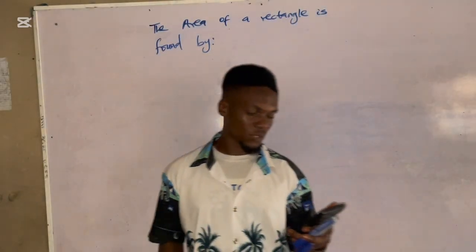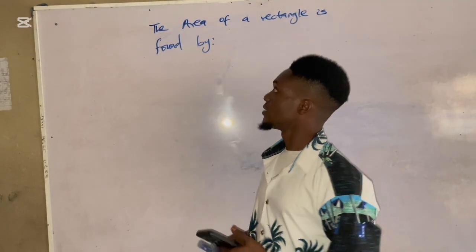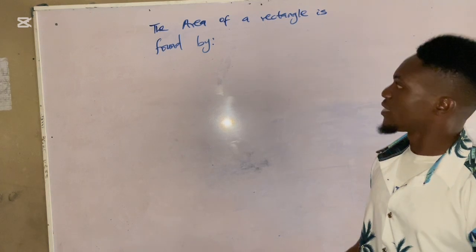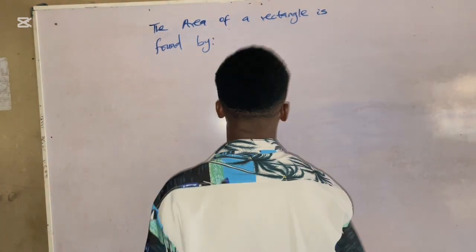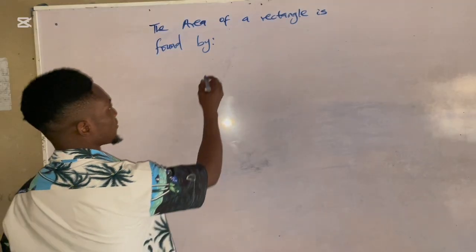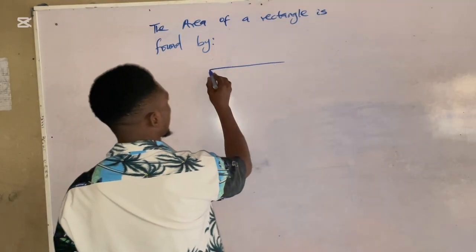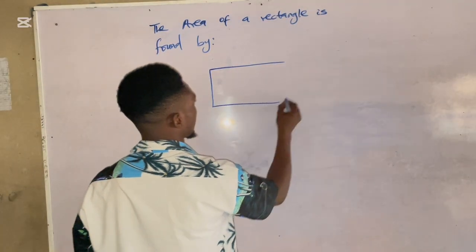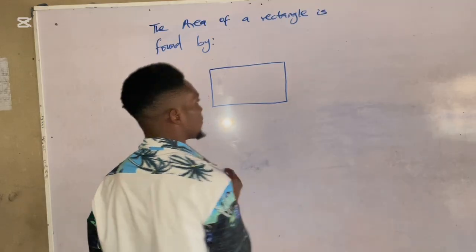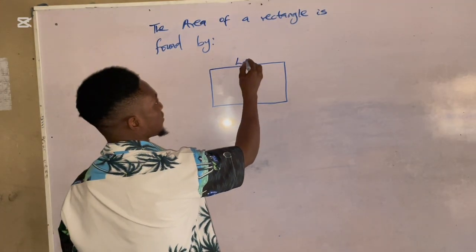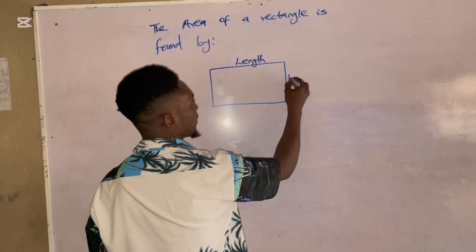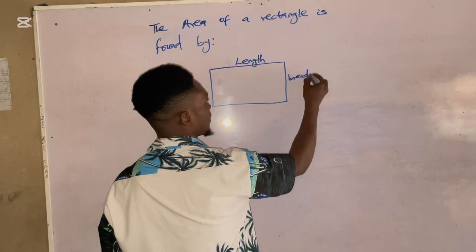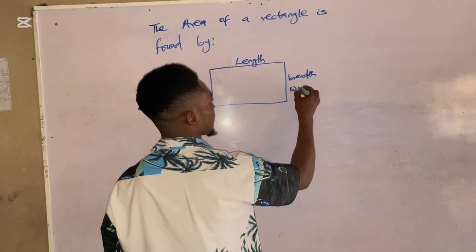Alright, the next question says the area of a rectangle is found by. That's what is the formula for calculating the area of a rectangle. This is the shape of a rectangle, and in a rectangle we have the length and the breadth. You can either call this the breadth or the width. It's your choice.